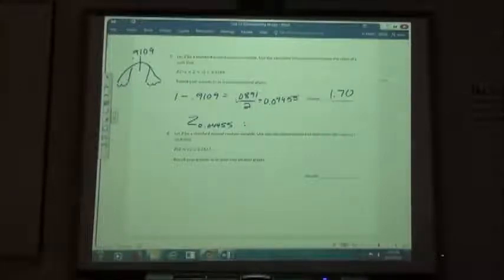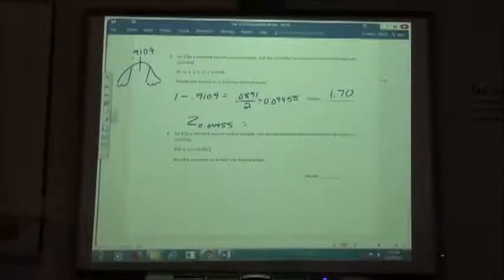So if I have 2 different sections and I have to find the beginning and the end, I'm going to take 1 minus the middle part, then divide it by 2 because I had 2 separate sections, 1 on each end, and find the z-score that corresponded to that number.